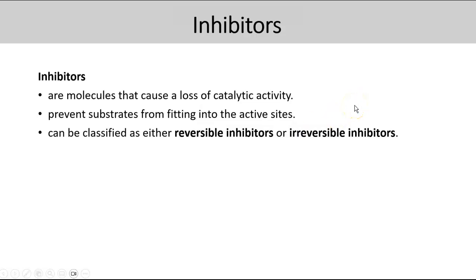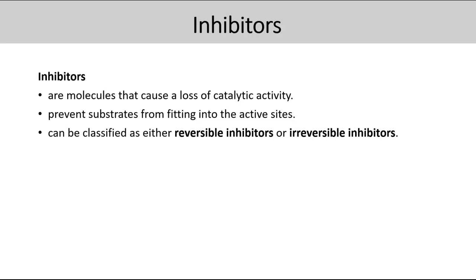So first we will see what these inhibitors are. Now we have the idea of how an enzyme will increase the rate of the reaction by making the enzyme substrate complex, then the enzyme product complex, and then releasing the products.